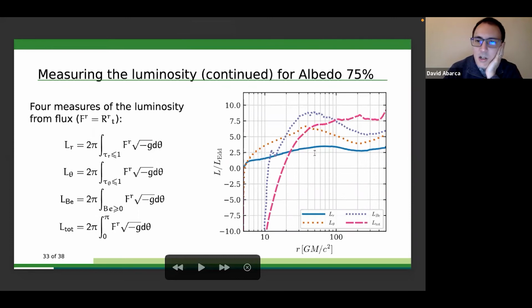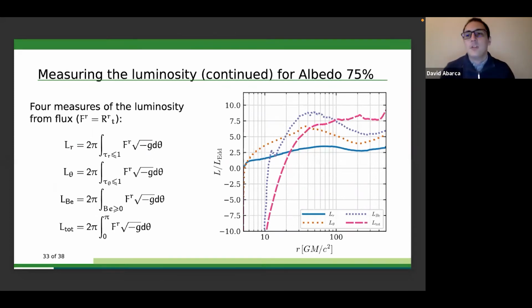So this LR is a very good lower limit on the luminosity because you can assume all of the radiation will reach the observer without scattering off any electrons, sorry.